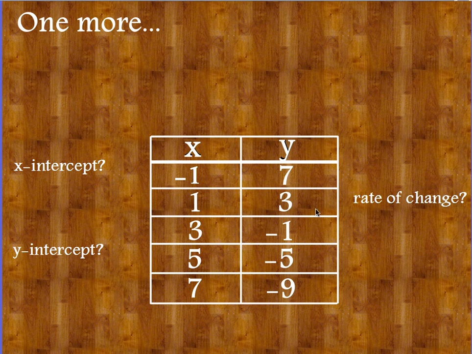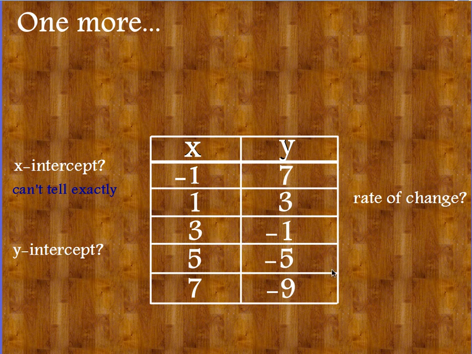I can't actually see the 0, but I know it's somewhere between these two values. 0 is between 3 and negative 1. So the only thing I know with any confidence about the x-intercept is it's going to be in between 1 and 3. I can't tell exactly where my x-intercept is. All I know, again, is that it's going to be between 1 and 3.